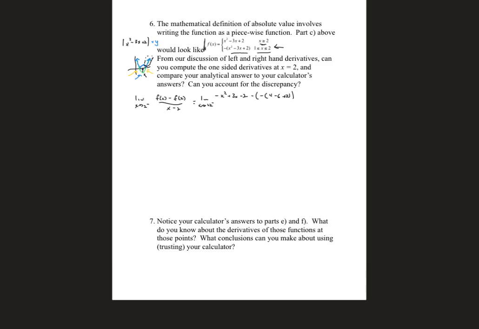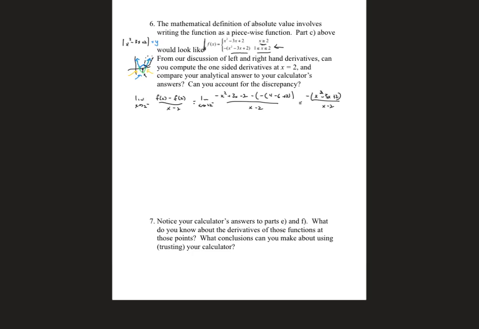And so that is going to be 0 right there, still all over our x minus 2. So actually I'm going to leave it back in factored form, negative x squared minus 3x plus 2, because I think that's going to be a little easier to factor.